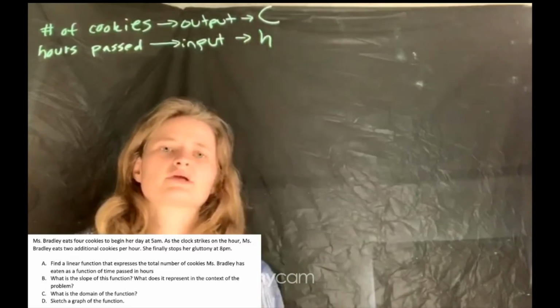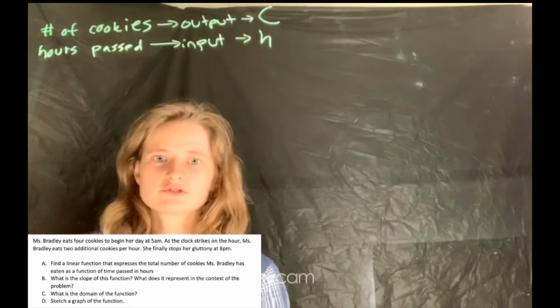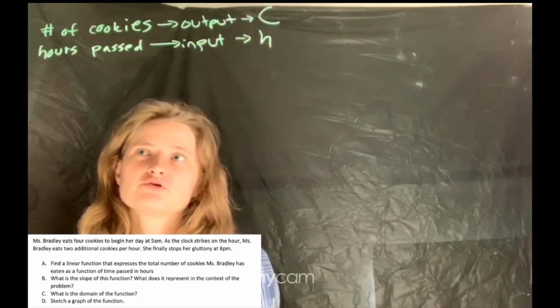Now, to write this as a linear function, we're looking for the same pieces of information that we were looking at earlier in the unit. We're looking for points, we're looking for slope, we're looking for y-intercepts, x-intercepts. So let's take a look at the problem and see what was already given to us.